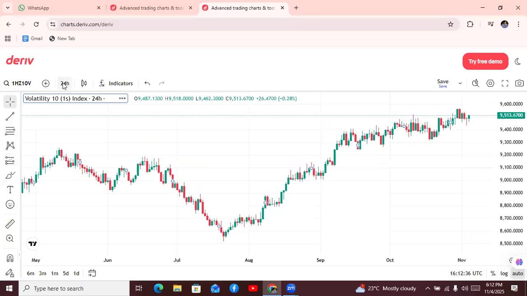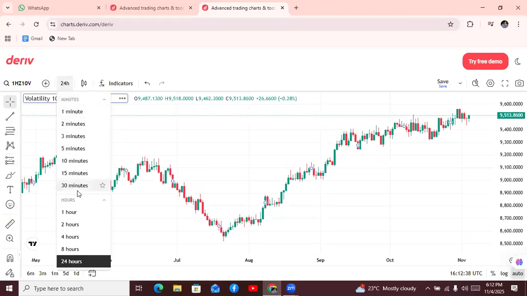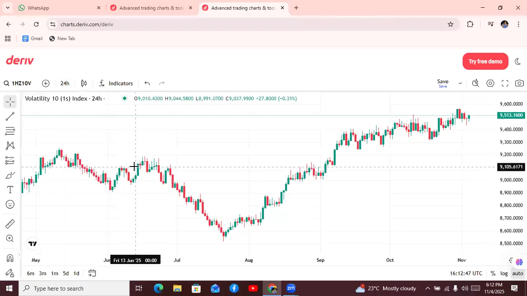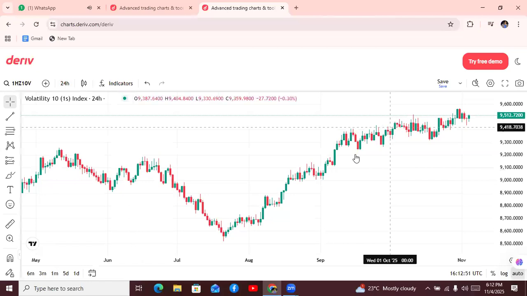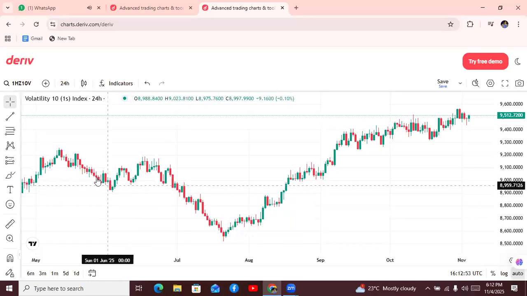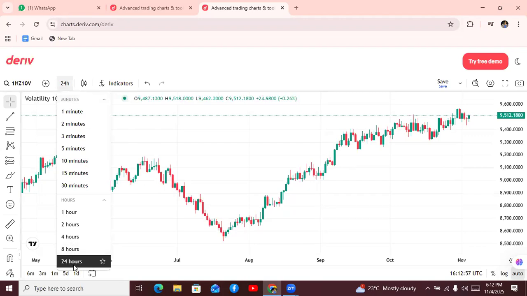Here it shows us the time frames. The time frames tell us that every candlestick that you see here is formed, for example, within 24 hours.